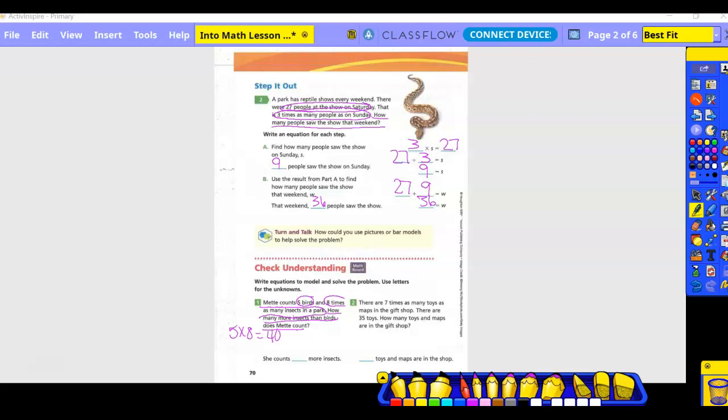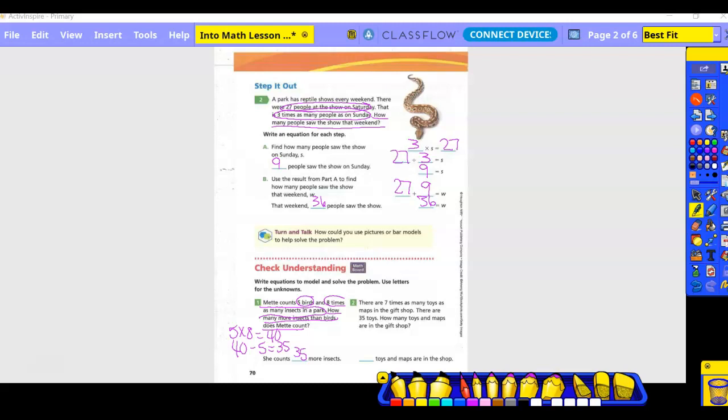So what am I going to do? Yep, you're right. 40 minus, how many birds are there? 5. So 40 minus 5 equals 35. She counts 35 more insects than there are of birds.